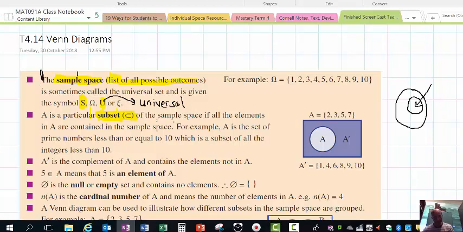So a subset is, for example, another example there using a mathematical example. They've got written there A is the subset of prime numbers. You can probably see that there. A is the subset of prime numbers less than or equal to 10, which is a subset of all the integers less than 10.